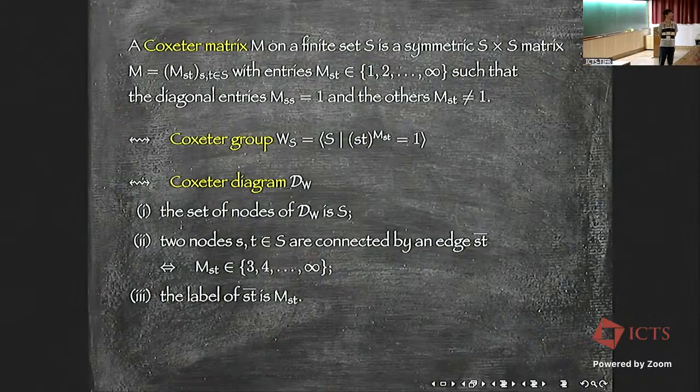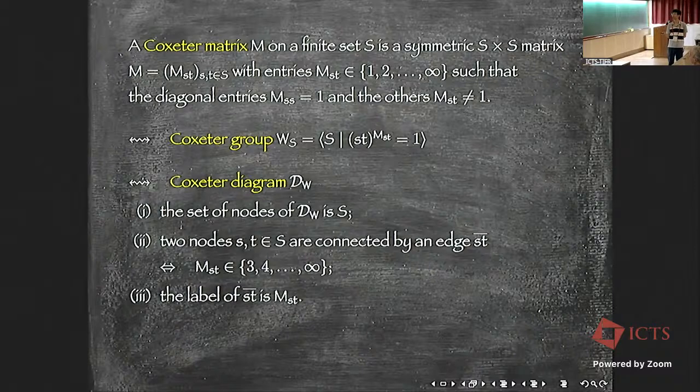We can encode this information of the Coxeter group using a diagram, and we will use it from time to time. So how can we construct a diagram? First of all, the set of nodes of this diagram is S. So we have the S vertices, and two nodes are connected if this number m_ST is not equal to 2, so 3, 4, and infinity.